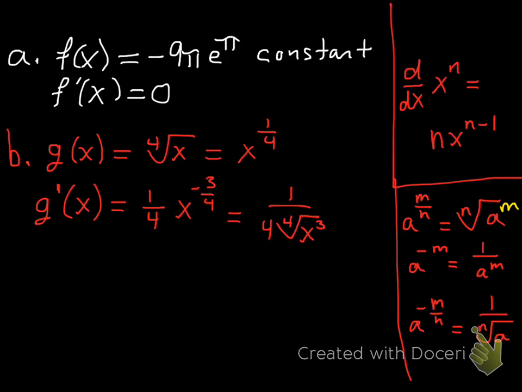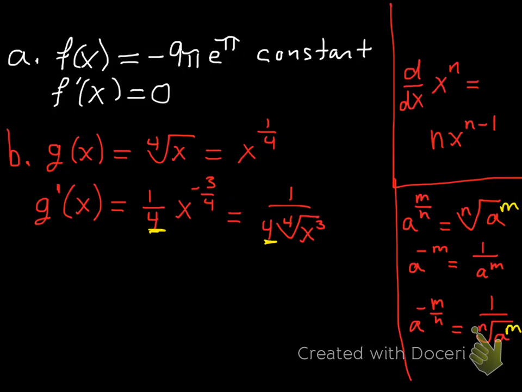And if we combine these two, we get this last one: a to the negative m over n is 1 over the nth root of a to the m power. So that's what happened here. The 4 went in the denominator, and then we have the fourth root, and then the third power is on the x in this case.